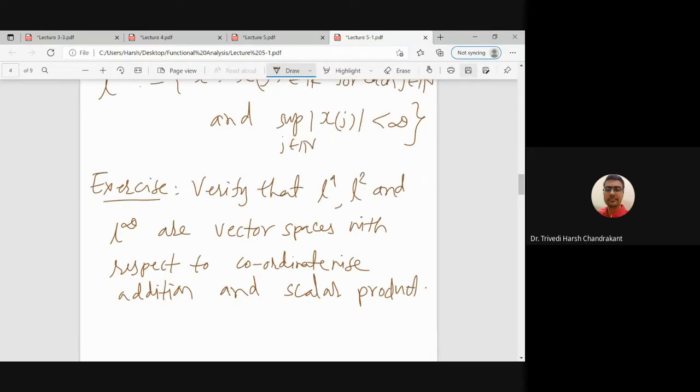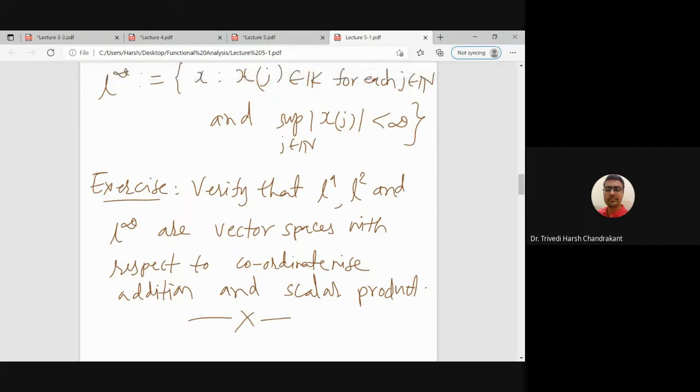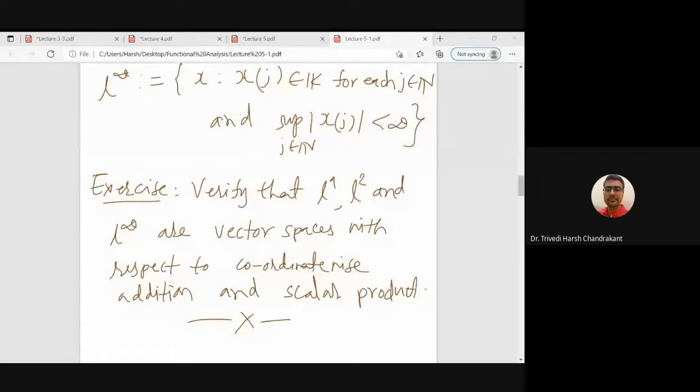You can see all this verification given in all the functional analysis books, so you can open a book and try to read this. I will also discuss this in the next lecture. Okay, so let me stop the recording.